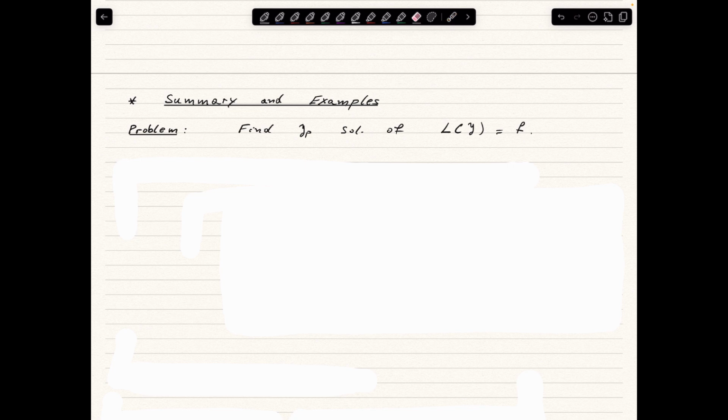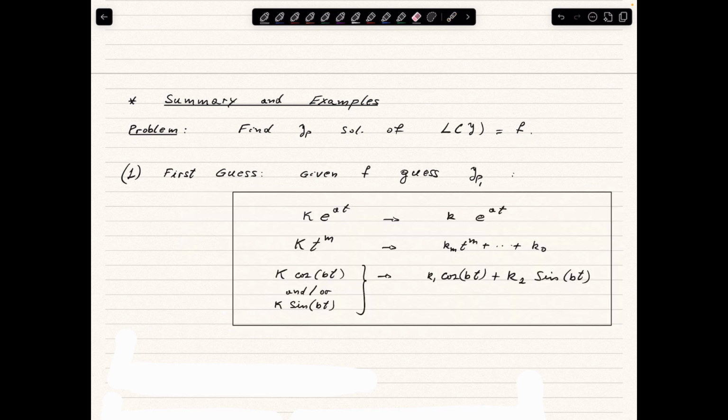So the idea is, given the function f, we do a first guess, and the first guess is going to be something proportional to the original source, in the case that the source function f is simple, and simple means essentially 3 cases.